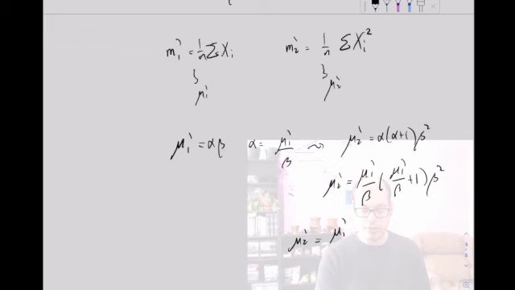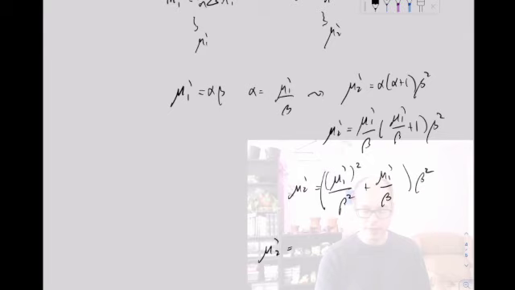Mu1 prime quantity squared over beta squared plus mu1 prime over beta, all that times beta squared. And I get mu2 prime is equal to mu1 prime squared, the betas cancel, plus mu1 prime times beta.